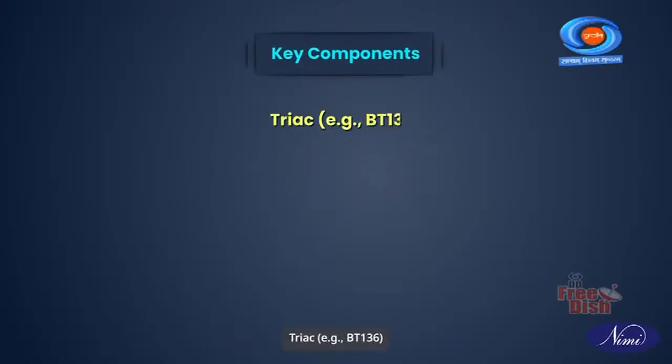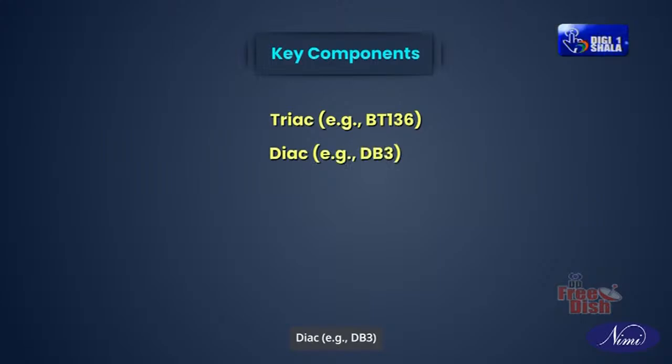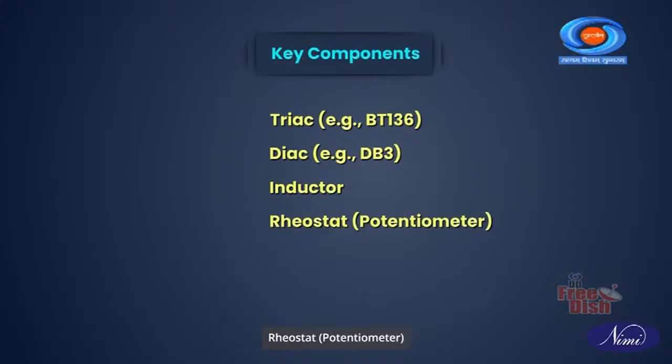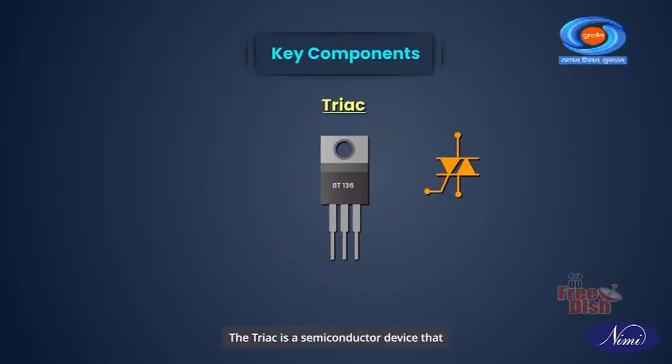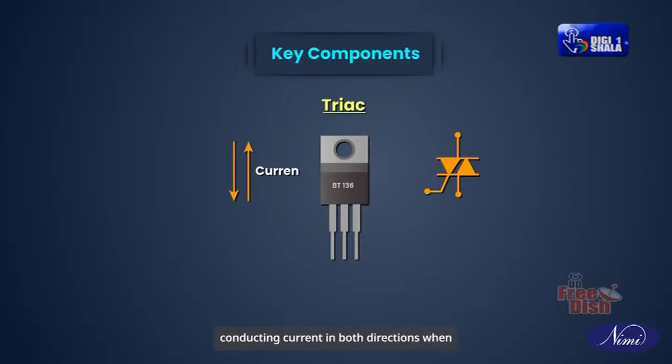Triac, example BT136. Diac, example DB3. Inductor, rheostat, potentiometer, resistor, and capacitor. Let's see each of these components in detail. Triac. The triac is a semiconductor device that acts as a bidirectional switch capable of conducting current in both directions when triggered.